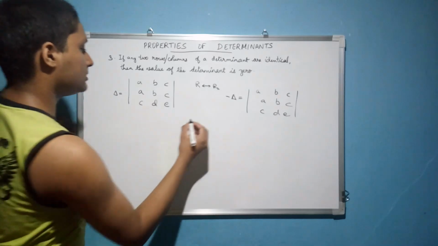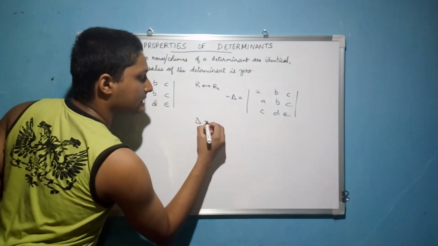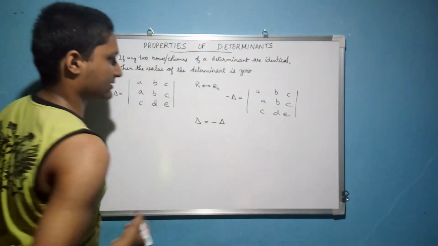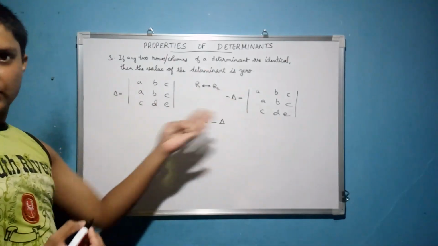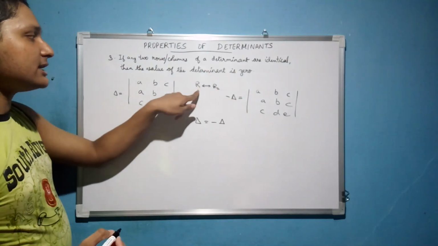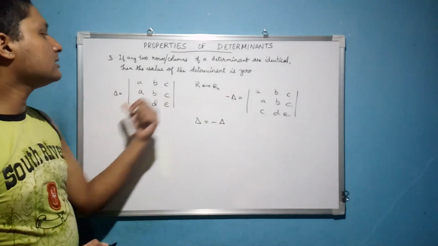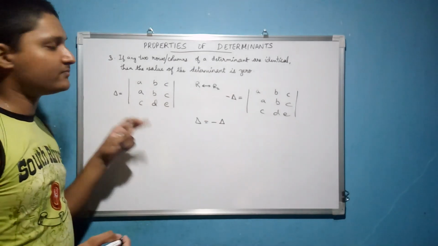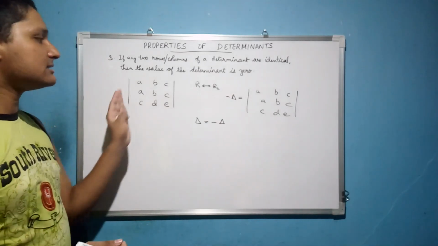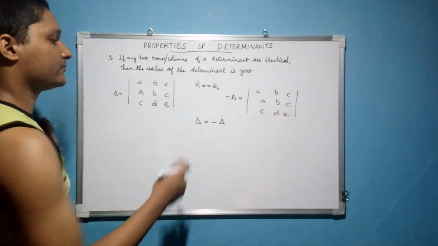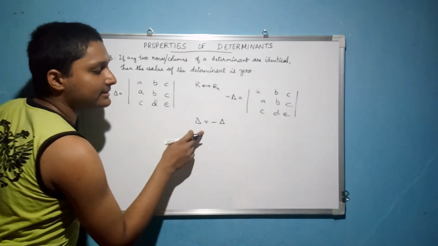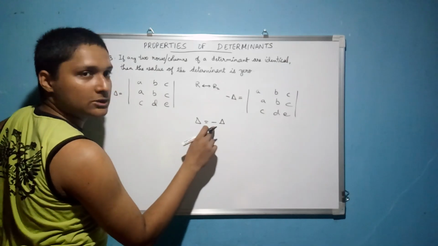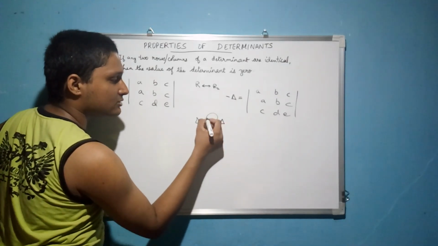So we can find out that delta is equal to minus delta. Just by comparing, you can see as I change the first and the second row, the determinant value is going to be the same since all the entries are the same over here. So since delta is equal to minus delta, I can bring this to the left side.